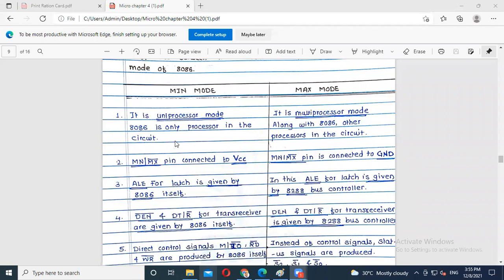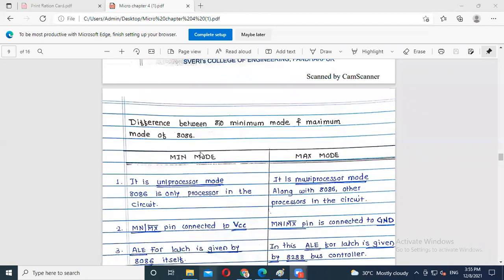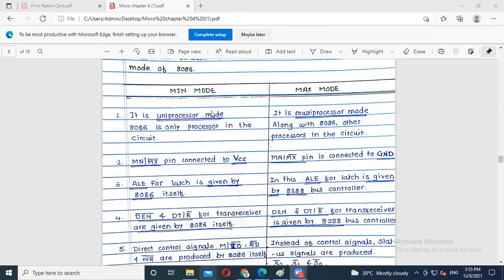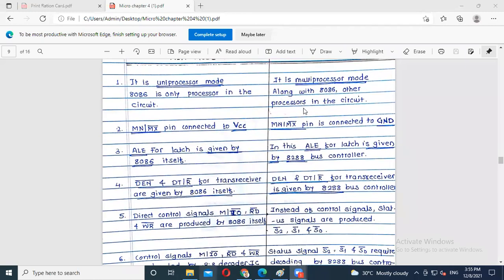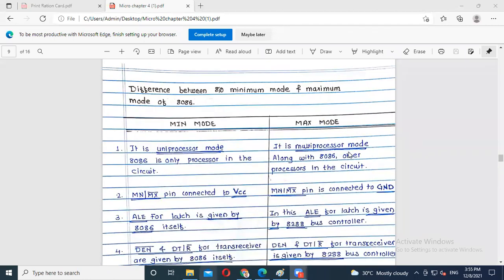Okay, fine. So here, I am going to explain the minimum mode and maximum mode configuration. In the minimum mode configuration, it is a uniprocessor mode, which is the 8086, but in the maximum mode configuration, it is a multiprocessor, because the 8086 is going to be used along with 8088, along with the 8086 and other processors in the circuit also present.